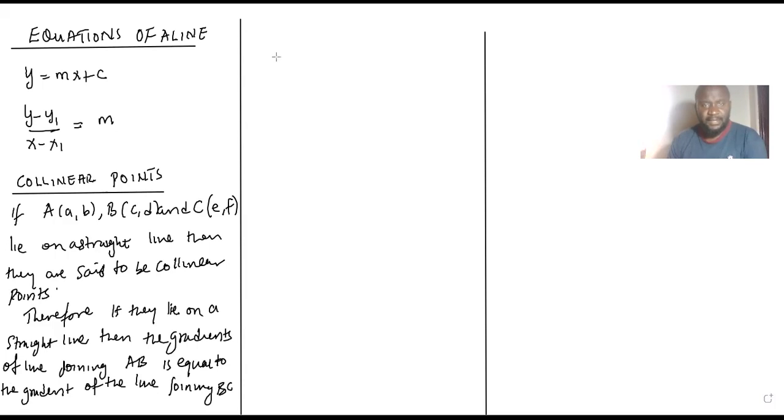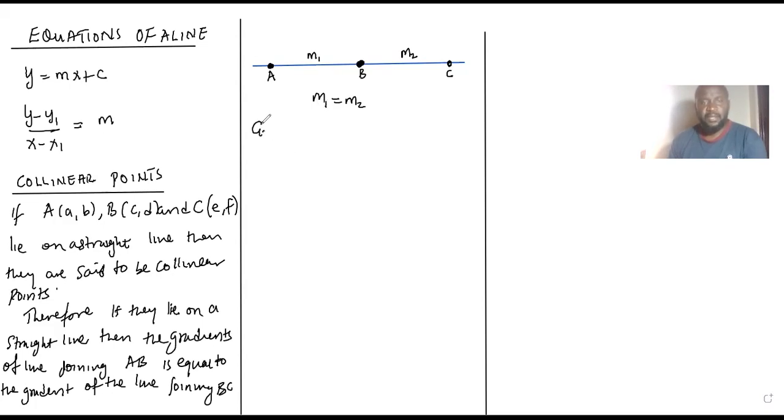Whereby if this is our line, we have a point here, A. We have a point here, B. Then we have a point here, C. Then the gradient of AB, which is maybe M1, and the gradient of BC, which is maybe M2, these two gradients should be the same.